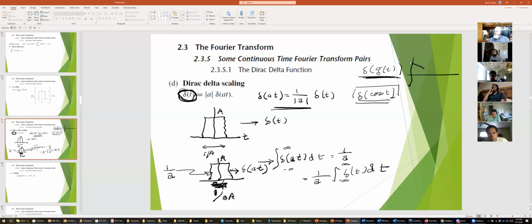So if we have a g of t like this, the only thing we have to worry about is this crossing here. Everything else is going to be 0. So something's going to happen here. We're going to get some sort of delta t here. But for the rest of the values, that's going to be equal to 0, isn't it?